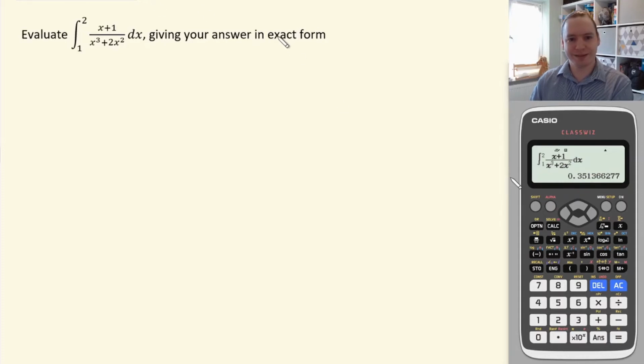The problem is the question says in exact form, and for some integrals it will happily give an exact form, but for a significant number of them, the ones that end up with natural logs in, they don't give you exact versions on the calculator because the calculator is doing some numerical approximations. And if it's a simple expression as the final answer, it will probably manage it.